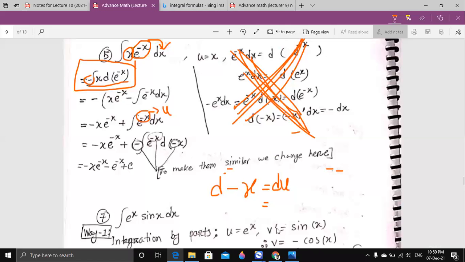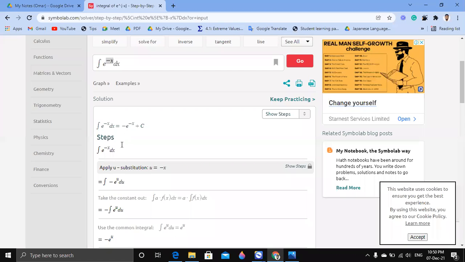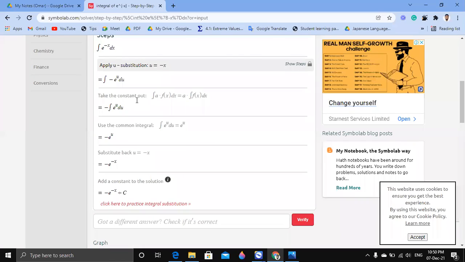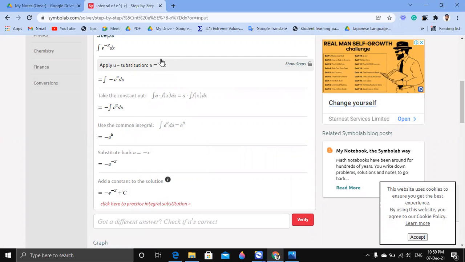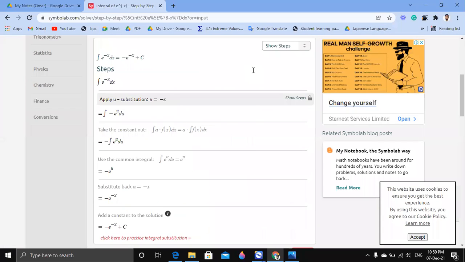So you see here, u is equal to minus x. Now we have to differentiate on both sides. So du is equal to d minus x.